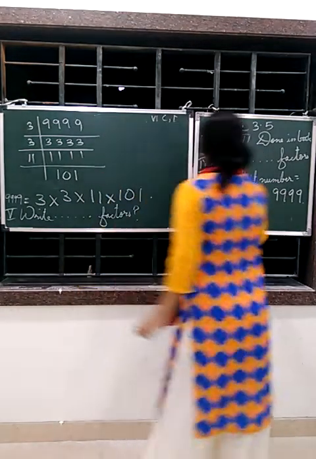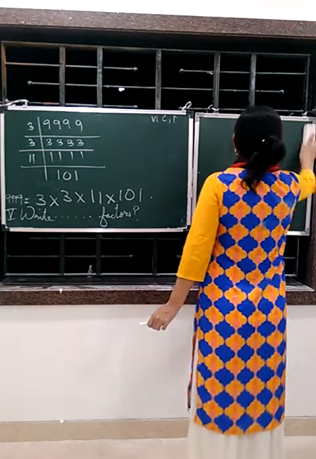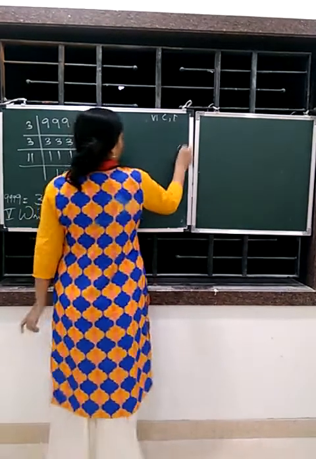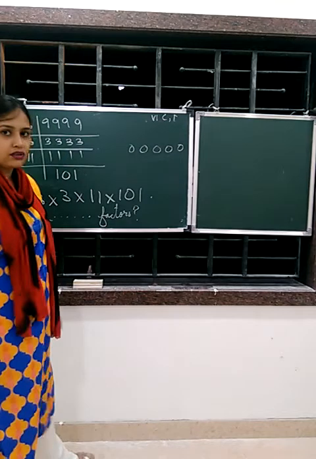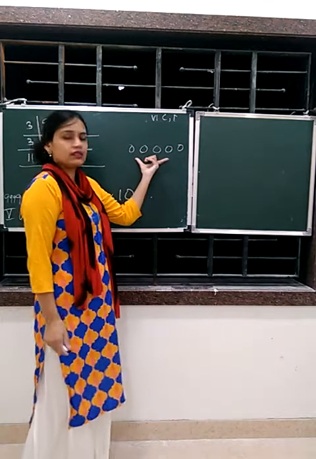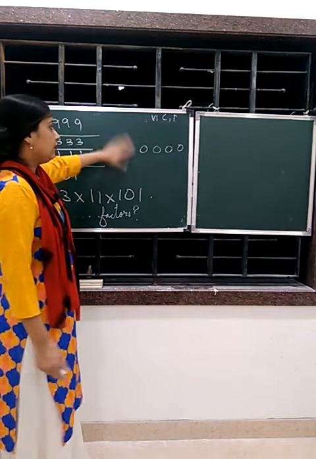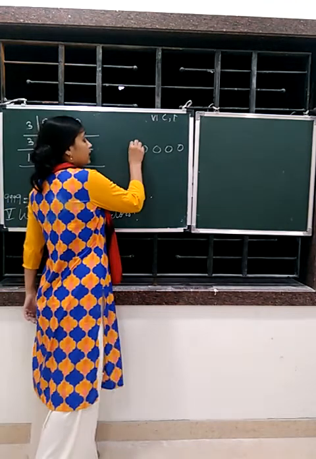So the smallest 5-digit number, the smallest number is what? 0. Yes, it should come 5 times for the smallest 5-digit number. But if you write 0, 0, 0, 0, 0 in all the 5 places, what will be the value of this? This will be 0 only, a single number 0. So what to do? In the last place, the 5th place, we write the second smallest number.